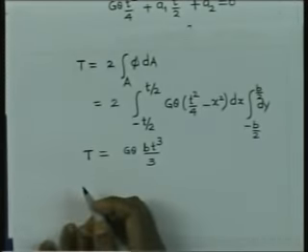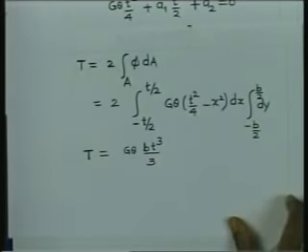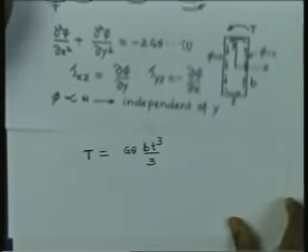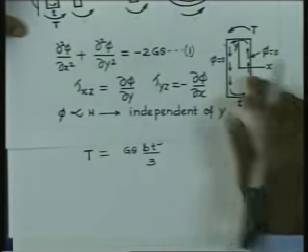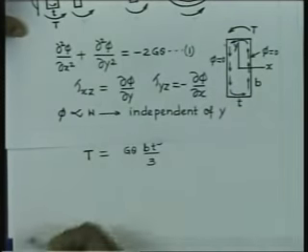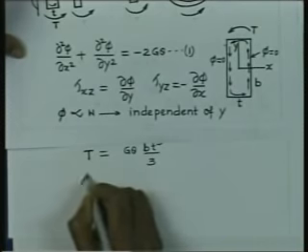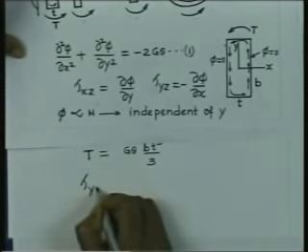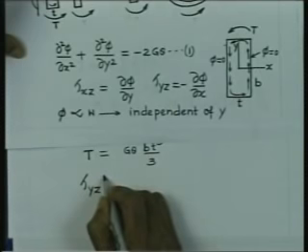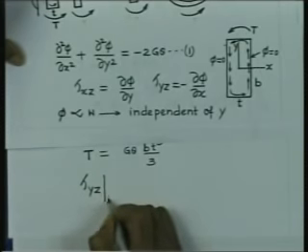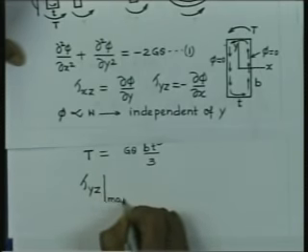Now, let us calculate the stress at the intersection of the x axis with the right boundary. That stress is nothing but tau yz, and it is going to be the maximum stress.